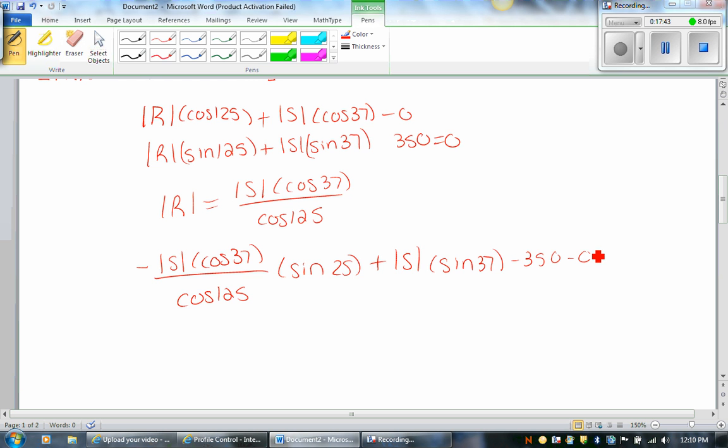Okay, so solving this equation for the magnitude of S, we actually get the magnitude of S to be approximately 201. Substituting in 201 for S, we get the magnitude of R to be 280. And the tensions of the cables are going to be 201 and 280.